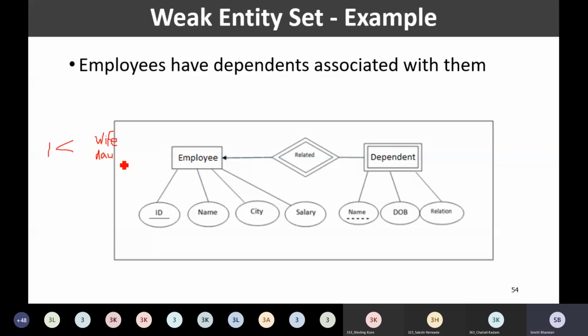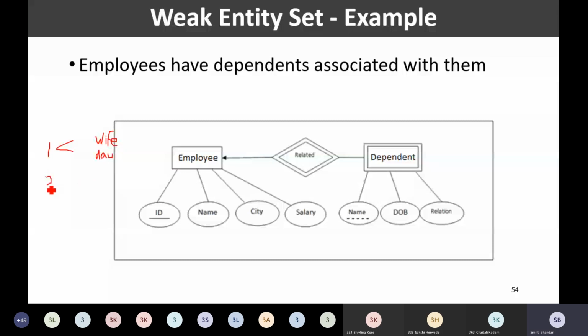It may not happen that the wife of the person and the daughter of the person have the same name. Correct? So this is a simple practical example. So I can make use of this attribute name that discriminates between the dependents, right?